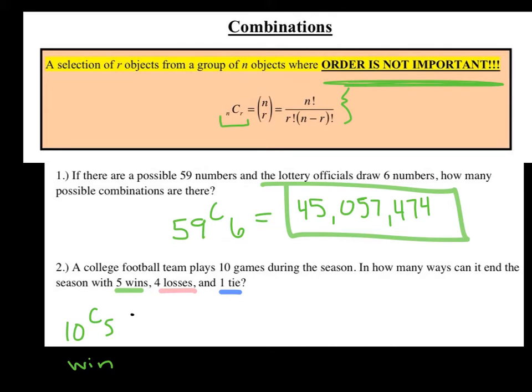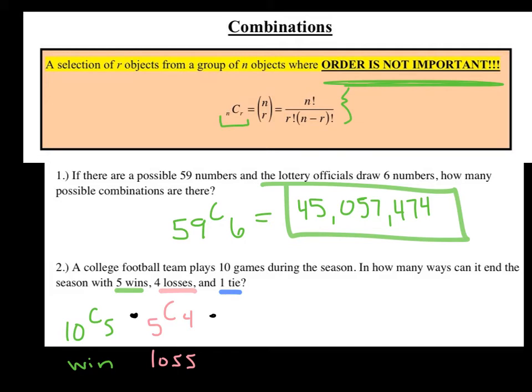Okay, now we're going to multiply that by the 4 losses. So we won 5. There's 5 games left. So of the 5 remaining games left that we didn't win, 4 of those 5 we're saying are going to be a loss.